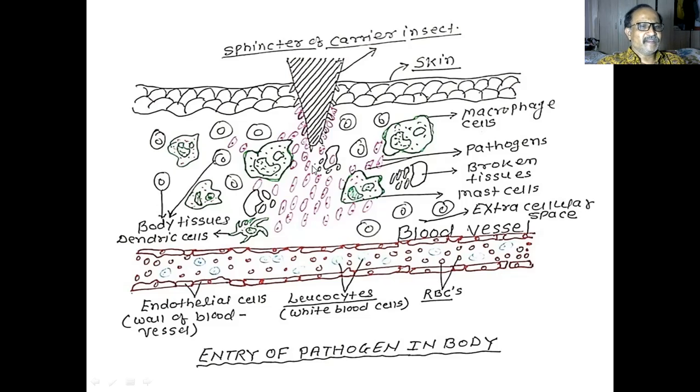These are the pathogens, these are the pink colored pathogens. See, first this insect, the pathogens enter below the skin. Entry of pathogen in the body. Now after that what happens?